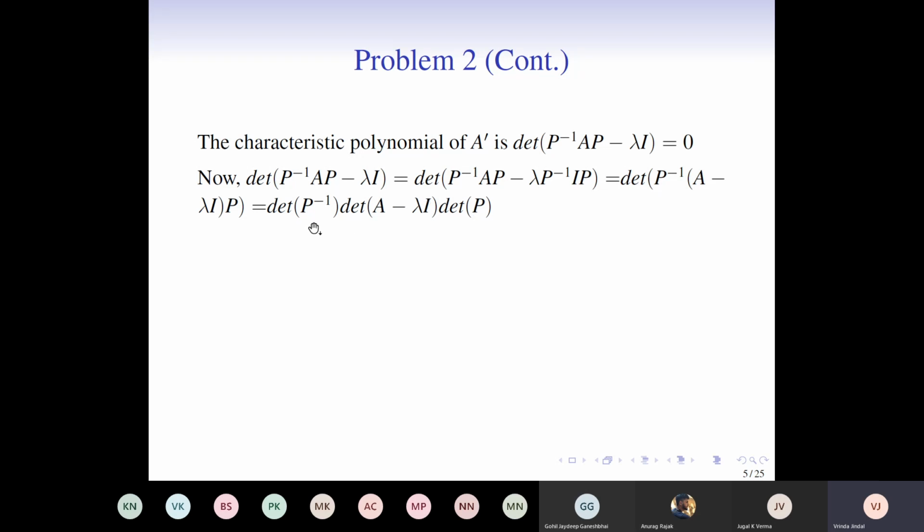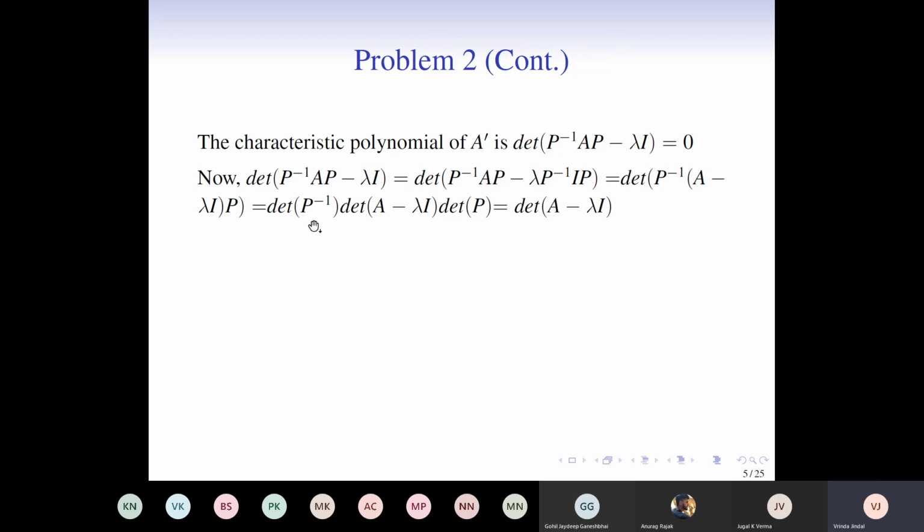Now using the property that the determinant of AB is equal to the determinant of A times the determinant of B, we can separate this into a product of three determinants: determinant of P inverse, determinant of A minus lambda I, and determinant of P. The determinant of A minus lambda I is the characteristic polynomial of A. So if we equate this to 0 and find its roots, we get the eigenvalues of A. Now the determinant of P and the determinant of P inverse are inverses of each other, and will cancel out.